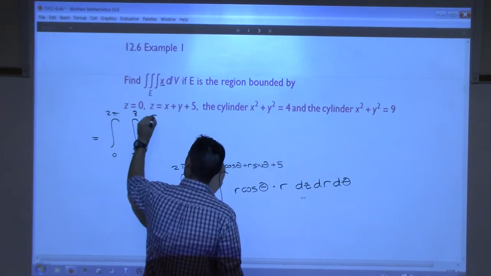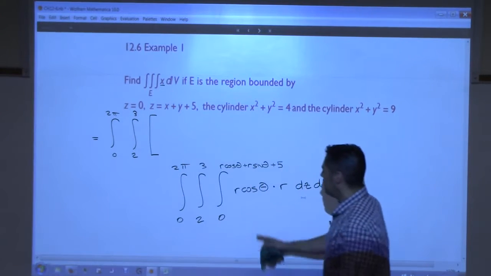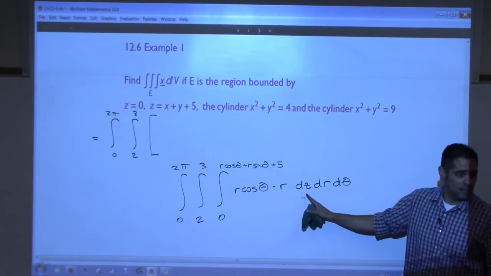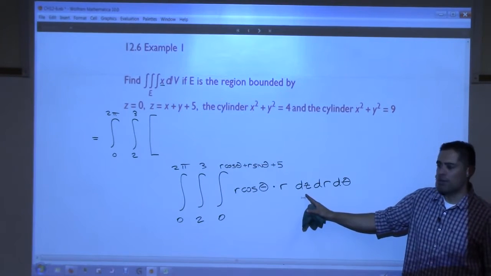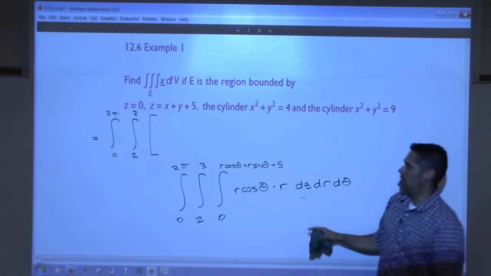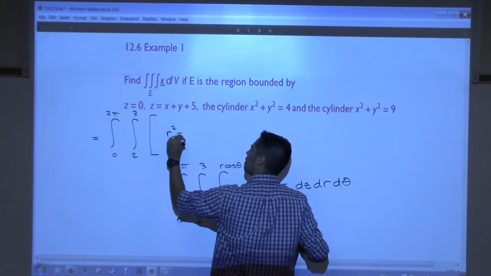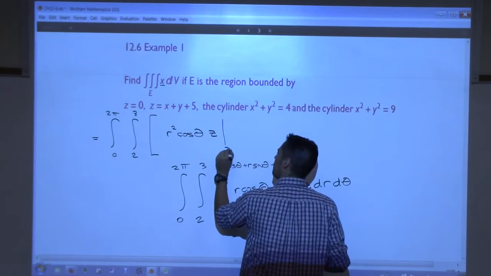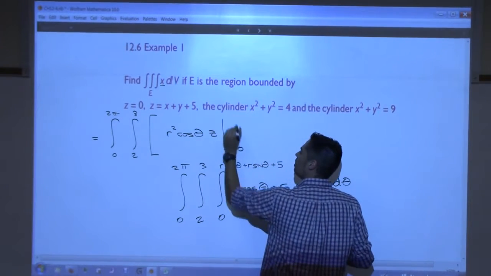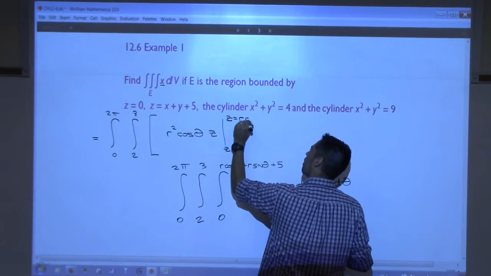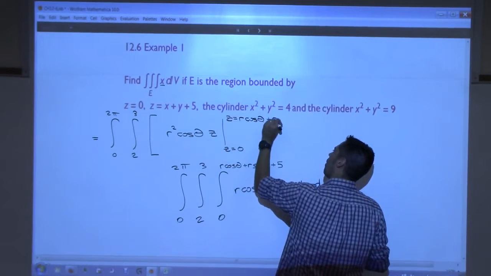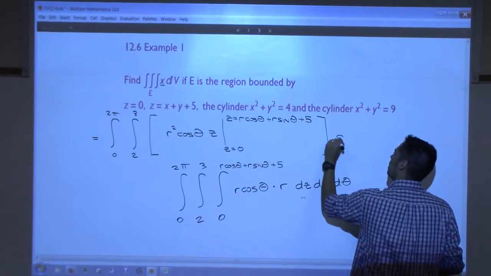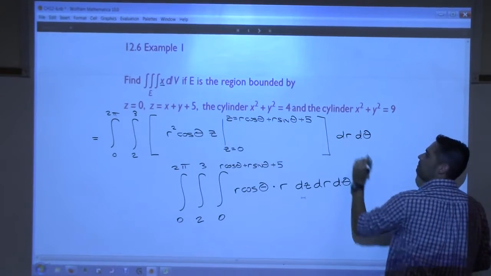The pressure. Okay, what is the antiderivative of this with respect to z? R squared cosine theta z, evaluated from z equals 0 to z equals r cosine theta plus r sine theta plus 5, dr d theta.